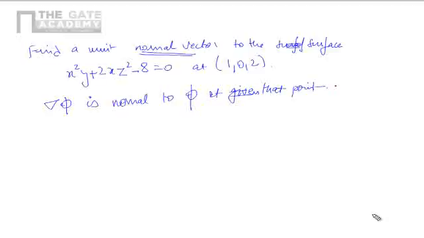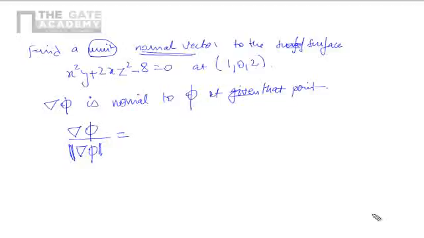But we are not asked to find a normal vector, we are asked to find a unit normal vector. So how will you make the vector a unit normal vector? Del phi divided by mod of del phi. That's what we have to do. Clear? So find del phi divided by mod of del phi at that point. That's the answer.